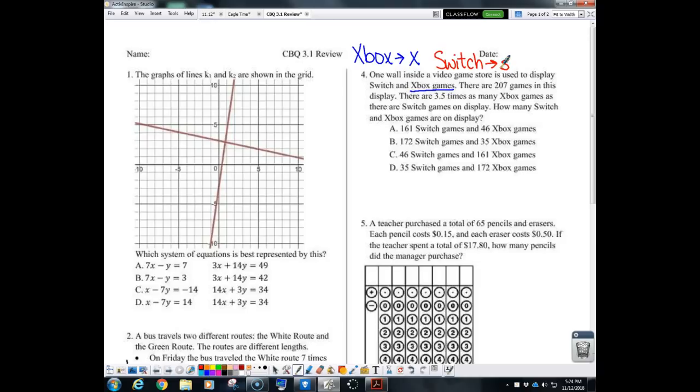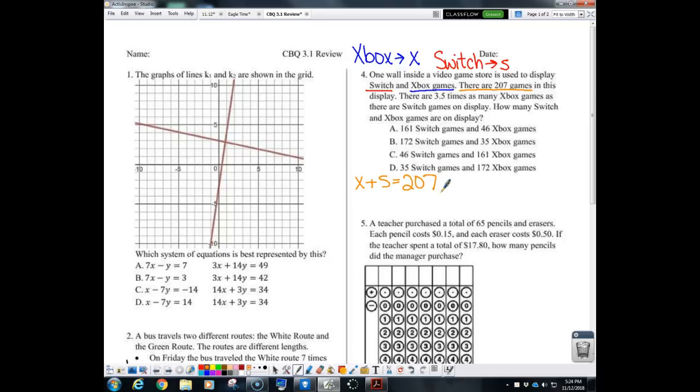Okay, so if you look, they said in the beginning that there is a total of 207 games. So altogether, there's 207 games. So meaning the number of Xbox games plus the number of Switch games is going to equal 207, right? Because this is the number of Xbox games plus the number of Switch games, which should give you the total amount of games.